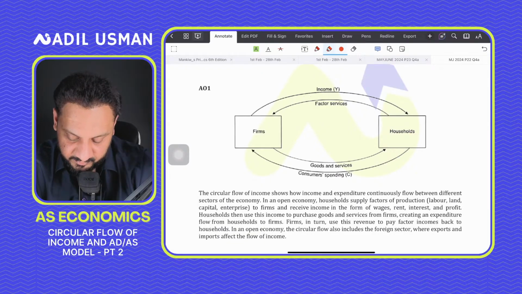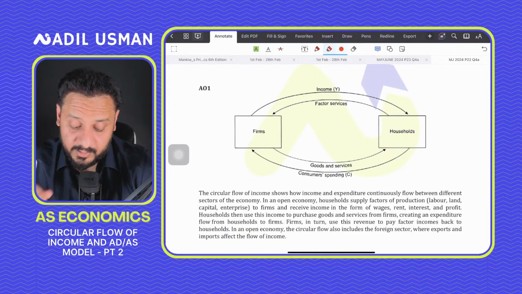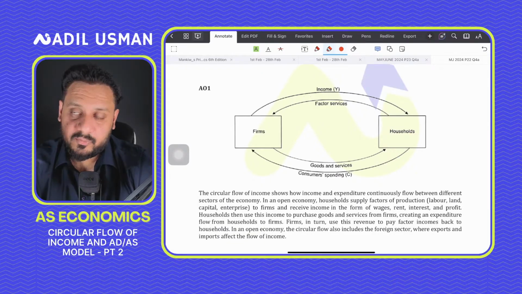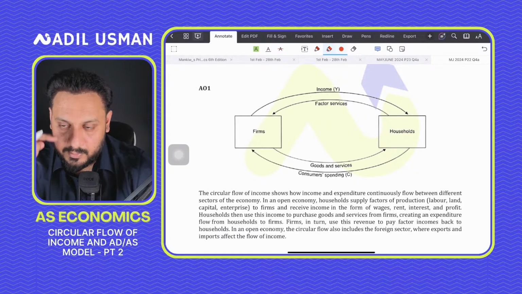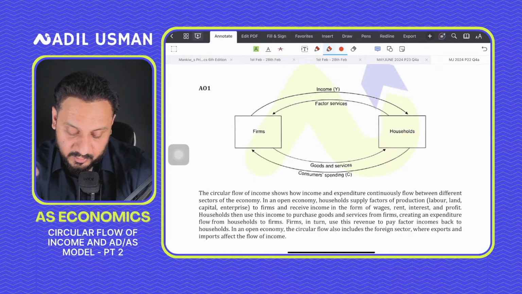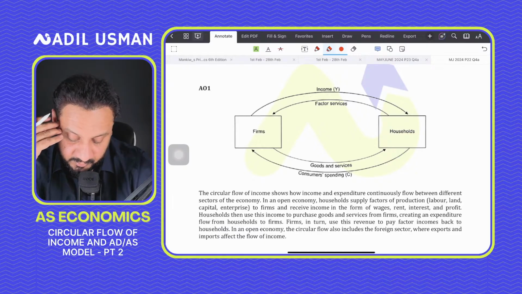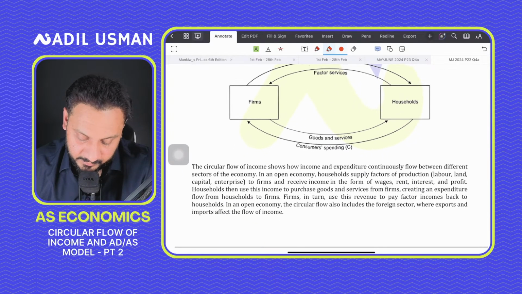That creates a sort of expenditure flow, and then firms would use that money to pay factor incomes back to households, so that creates an income flow. So the circular flow is telling us how income and expenditure flow in an economy, in a circular motion, and that is responsible for generating GDP and national income.